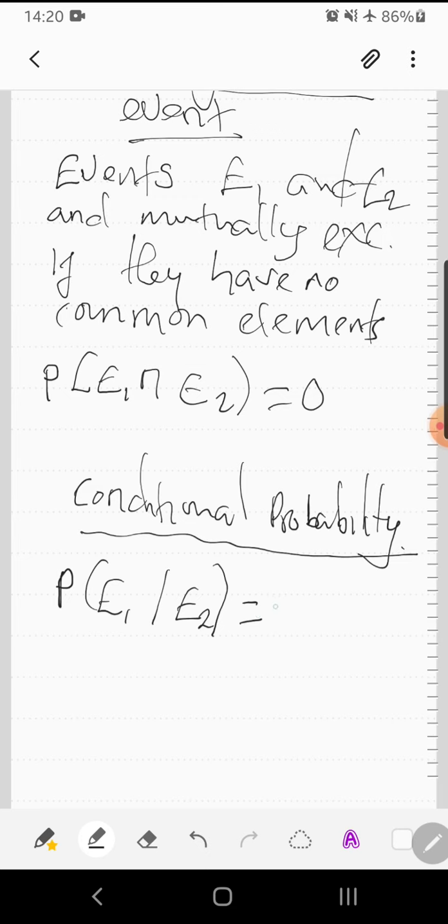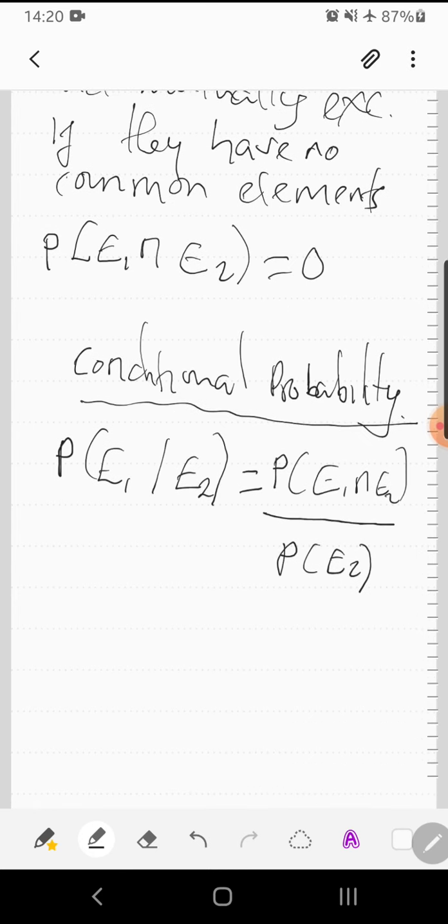So in conditional probability, we use the slash to denote given, which is the condition. The probability of event 1 given event 2 is given by the probability of event 1 intersection event 2, so you get their intersection and divide by the probability of the condition. Here the probability of E2 is always greater than 0.